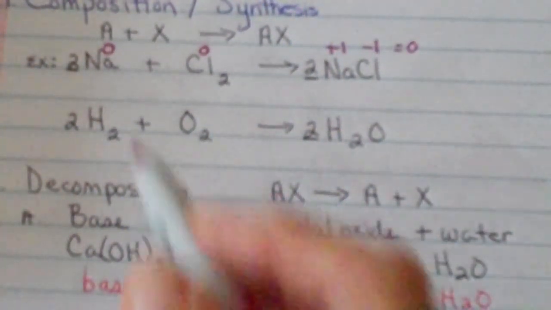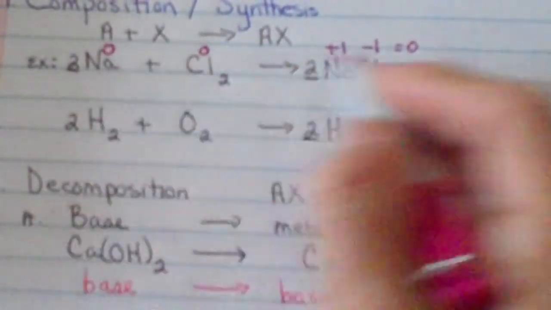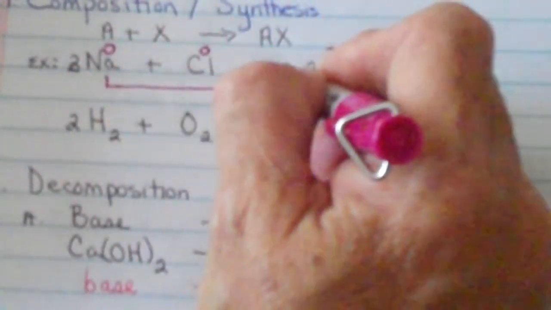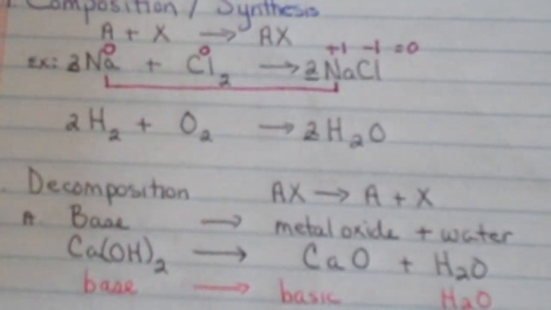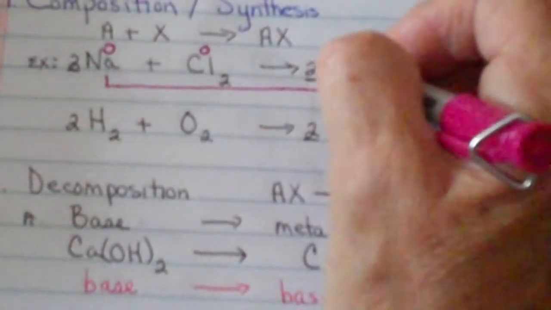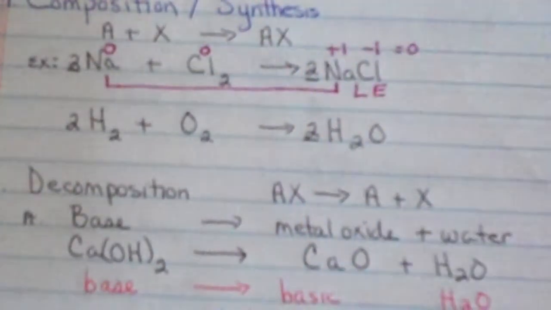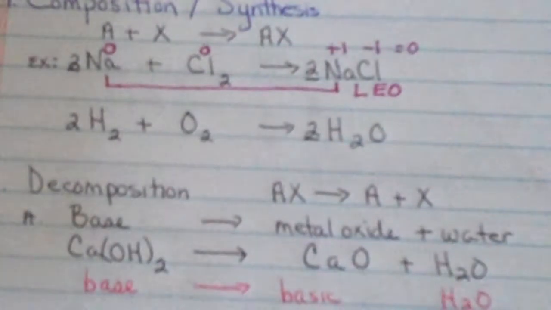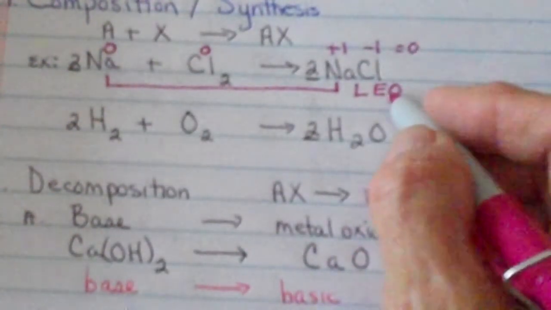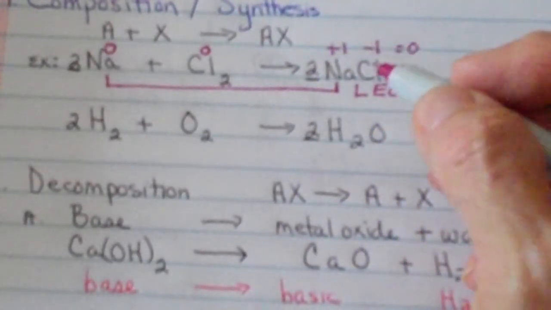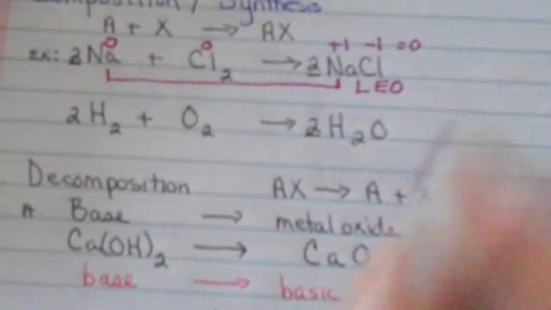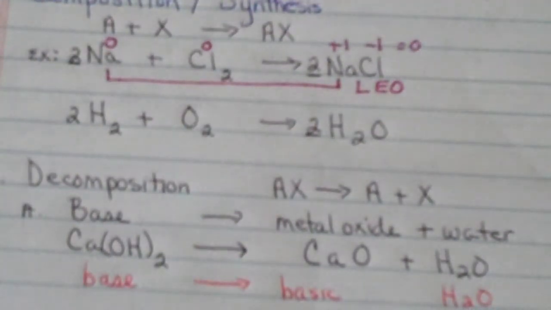Have these elements changed? Yes. Sodium changed from 0 to +1. How did it do that? Sodium lost an electron. Leo. Sodium underwent the process of oxidation. Leo. By losing an electron, it became more positive. But for the oxidation to occur, there must also be a reduction.